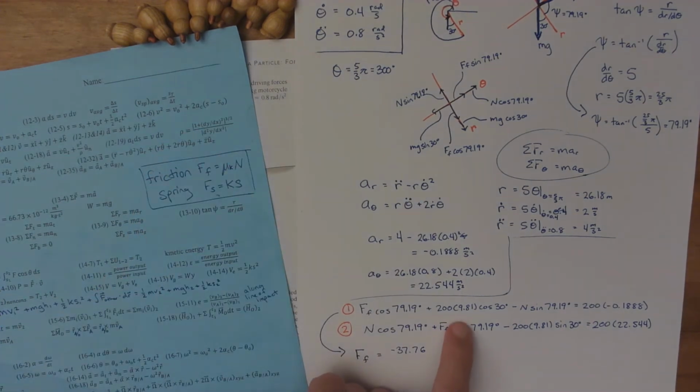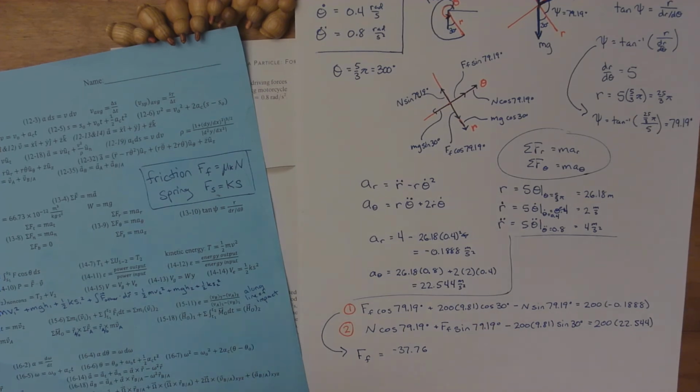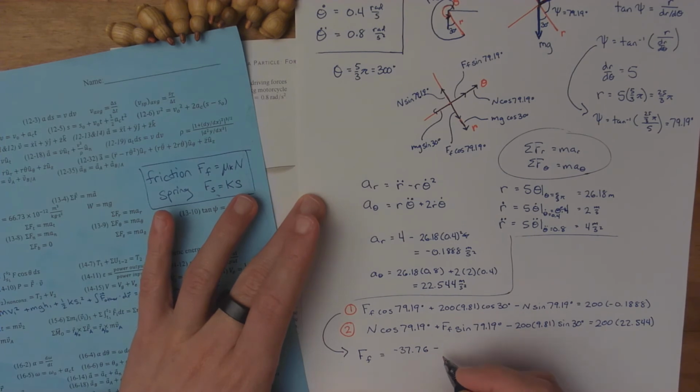I have to bring the 200 times 9.81 times cosine of 30 degrees over to the other side, which makes it negative. So that is negative 1,699.